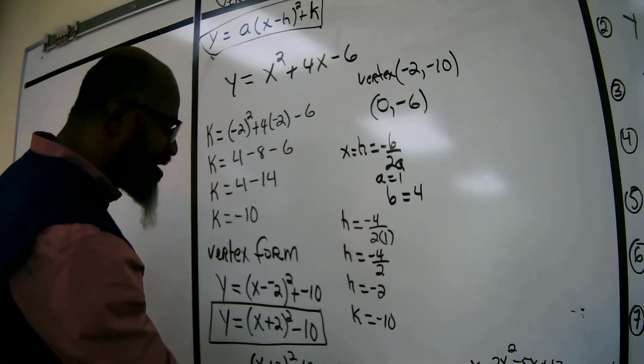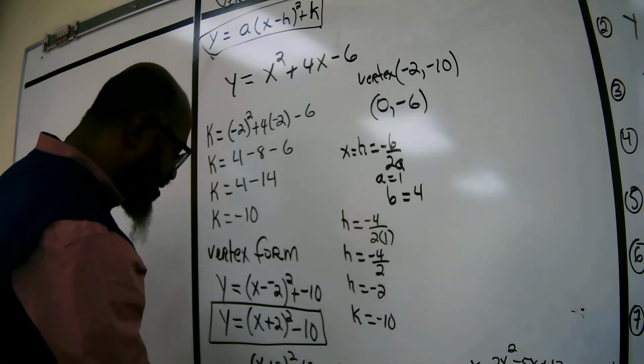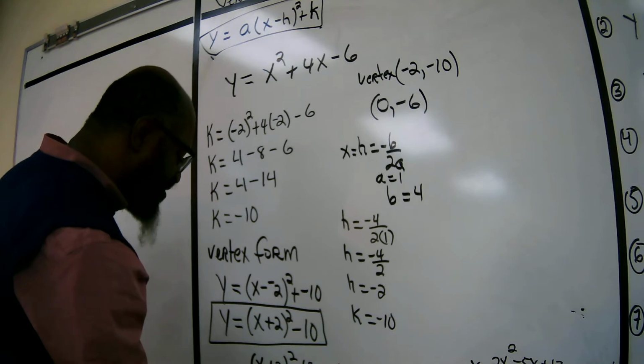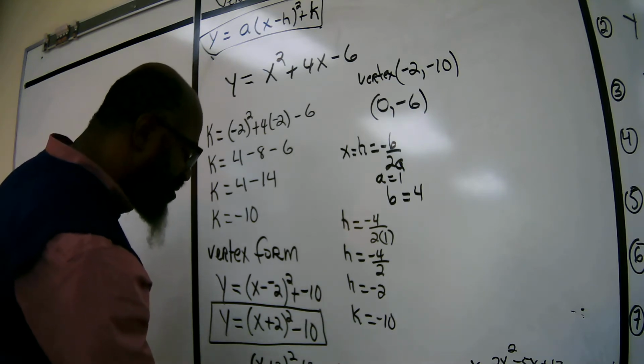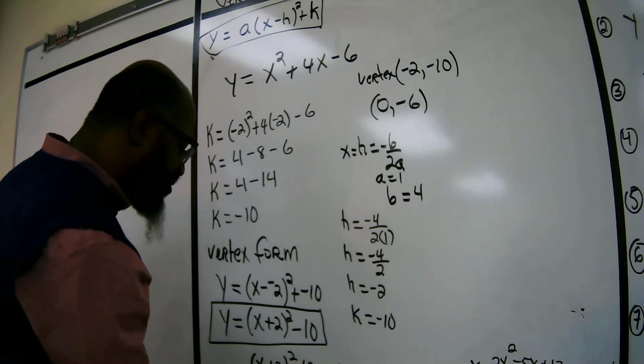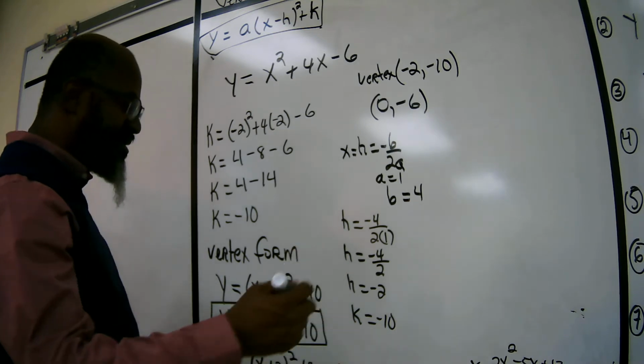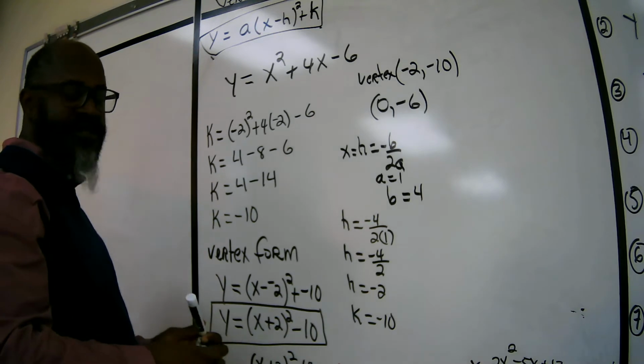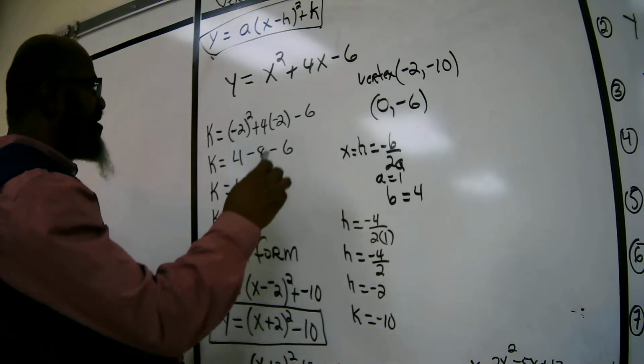So when we're graphing, that's what we'll have to do. When you're doing the completing the square, it's kind of much easier to find everything in one. And you will have to take the square root, and this will give you the x-intercept. That's for another lesson. So that's the beauty about the vertex form.